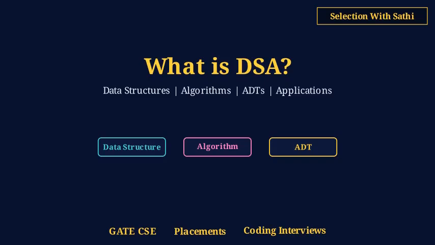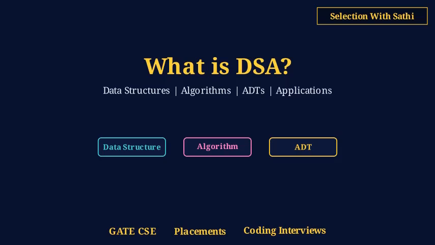Whether you are preparing for GATE CSE, placements, or coding interviews, this topic is where it all begins. In this video, we will understand what data structures are, what algorithms are, what abstract data types mean, the different types of data structures, and most importantly, why DSA matters for your career.